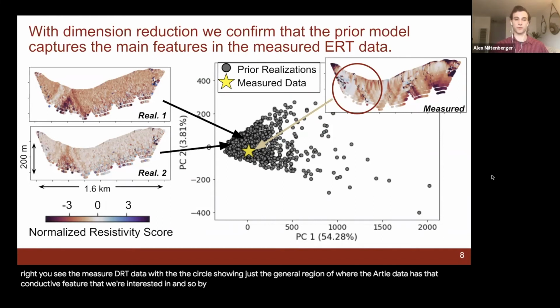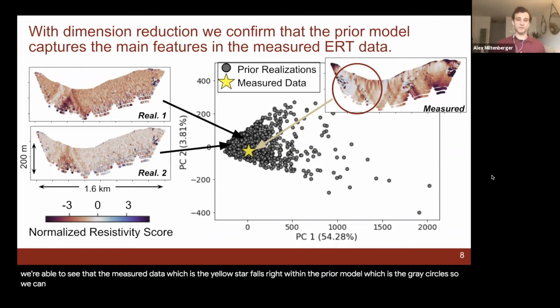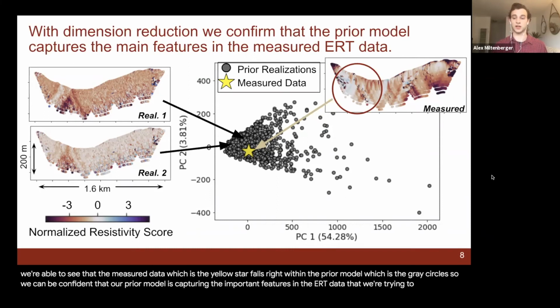By performing dimension reduction using principal component analysis, we're able to see that the measured data, which is the yellow star, falls right within the prior model, which is the gray circles. So we can be confident that our prior model is capturing the important features in the ERT data that we're trying to understand.